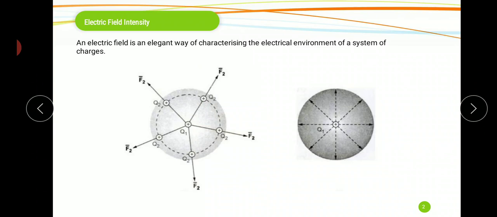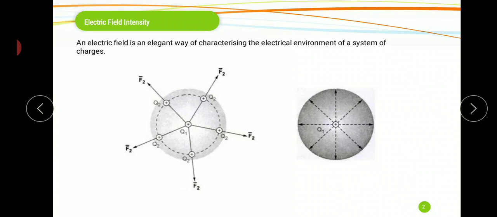First of all, we know that electric field intensity varies from point to point. That means near the positive charge, the electric field intensity is more, and away from the positive charge, it is less.